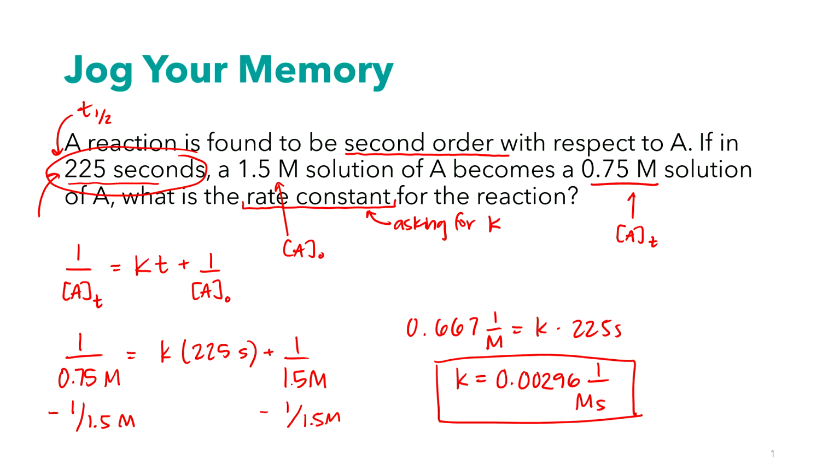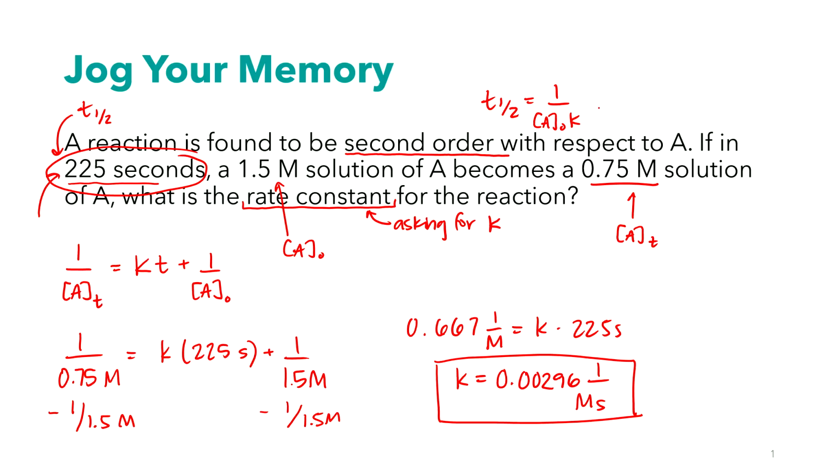So I could also have pulled out the second order half-life equation, which is t 1/2 equals 1 over [A]0 times K. And I know that t 1/2. So in this case, I would be plugging in t 1/2 and [A]0 and solving out for K, and you'd get the same answer.